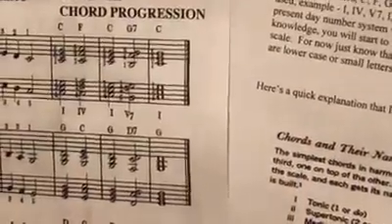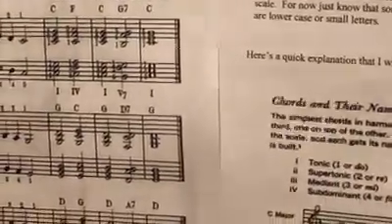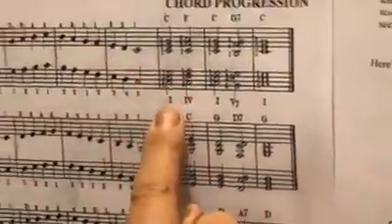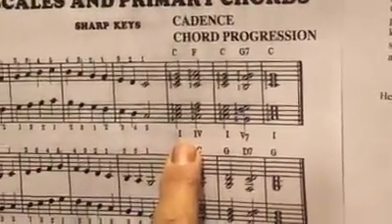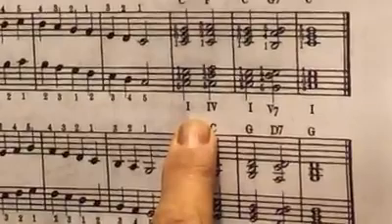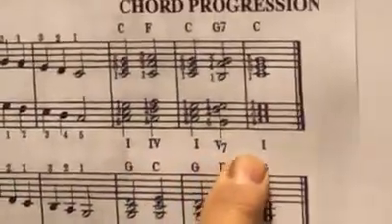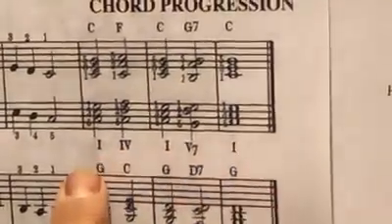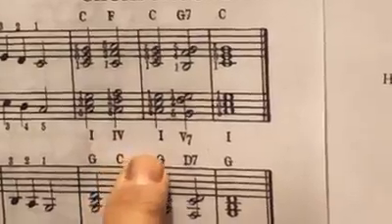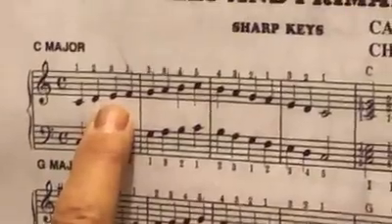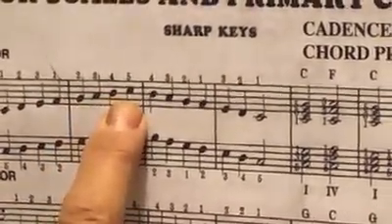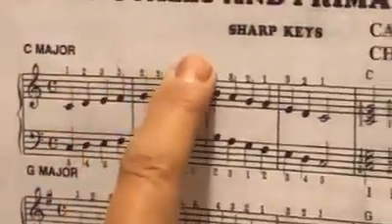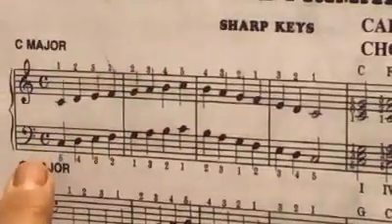Okay, so you will see these Roman numerals. In the early development of music theory, the Roman numerals were used. These Roman numerals here were used to represent the numbers of each note of the scale: C, D, E, F, G, A, B, C. And don't pay any attention to these numbers because those are the fingerings.